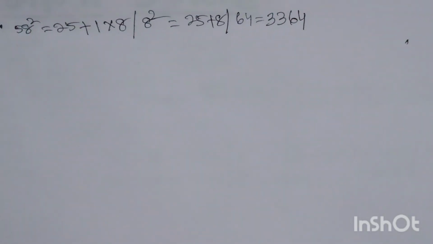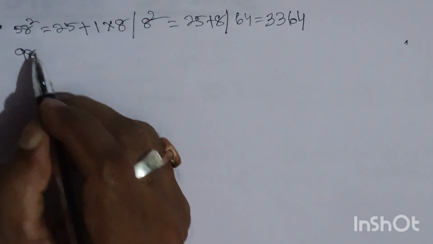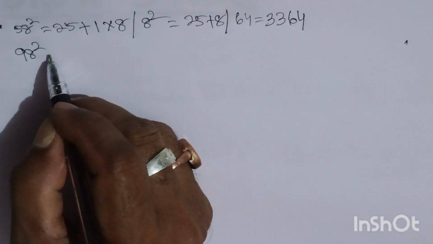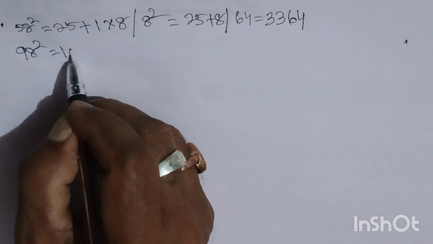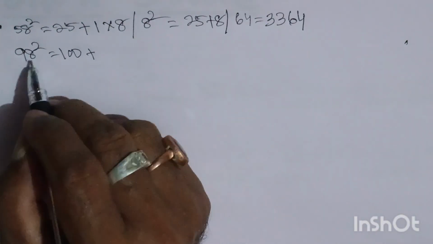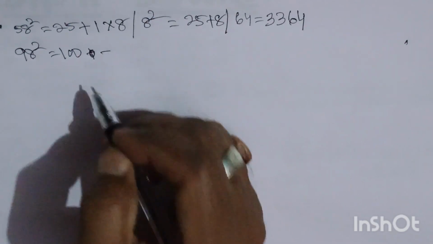Then example is 98. How to find out the square of 98? As 98 is closer to 100, you take the second level number, that is 100. Here the value of the second level is equal to 100. Here 98 is less than 100, so minus sign is used.